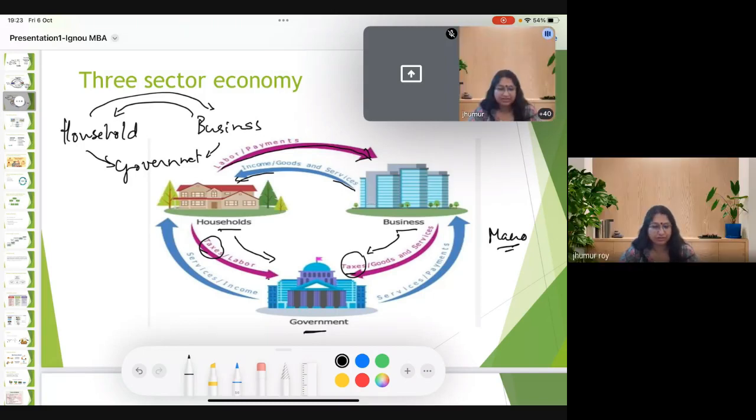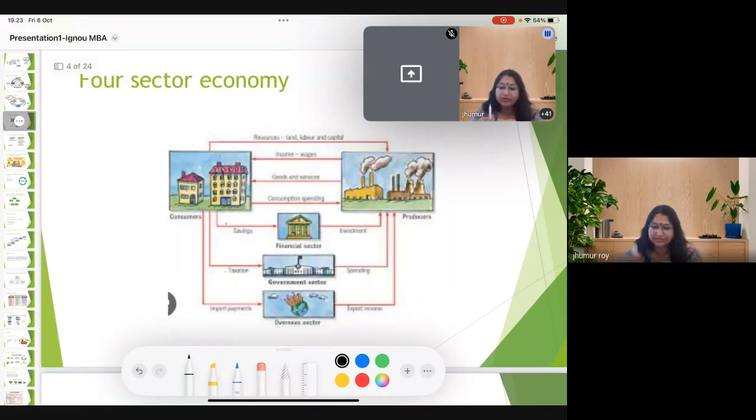Now, most of the people are not only in a three sector economy, but also in a four sector economy. What are we adding in the four sector economy? We are adding one sector which is called the financial sector, which is the banks.